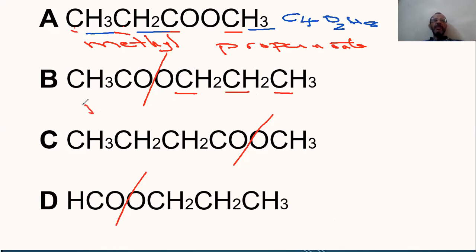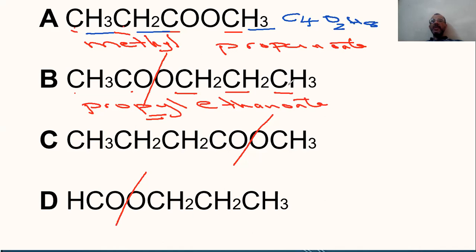It will be prop, and we add YL: propyl. It comes from the alcohol. Second part: 1, 2 means ethanoate. As I told you, propyl ethanoate.